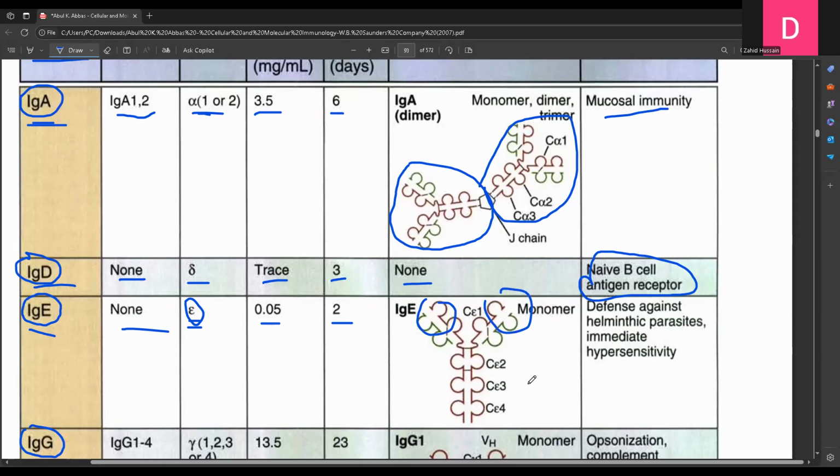In the FC part, you can see the epsilon chain, constant CE1, CE2, CE3, CE4. It helps in defense against helminthic parasites, and it is involved in allergies and type 1 hypersensitivity.